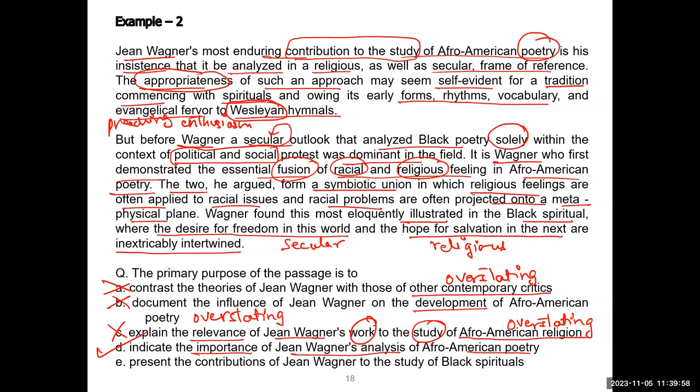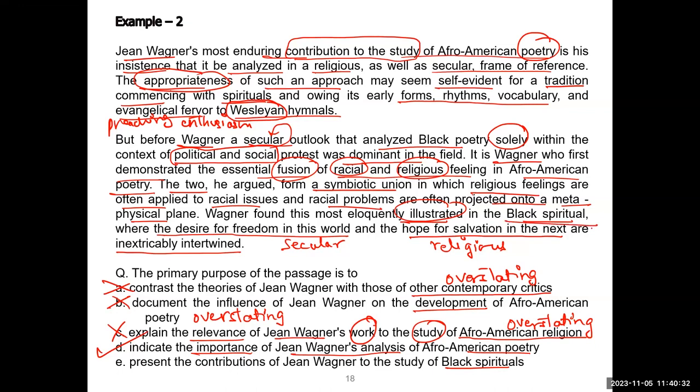But what happens to number E? Can I not say the primary purpose of the passage is to present the contributions of John Wagner to the study of Black spirituals? Is this passage only about the Black spirituals? No, sir. Black spiritual is just one part of Afro-American poetry, isn't it? He is giving you an illustration, and for the illustration, he is using black spiritual.